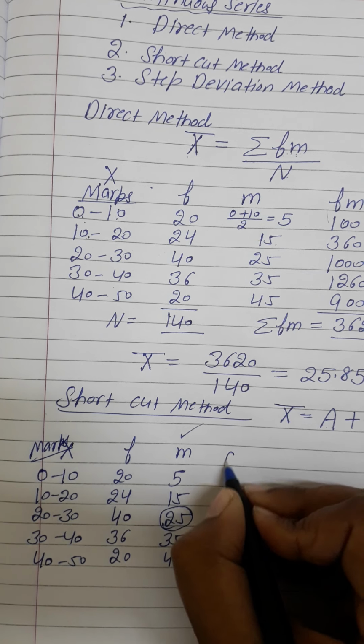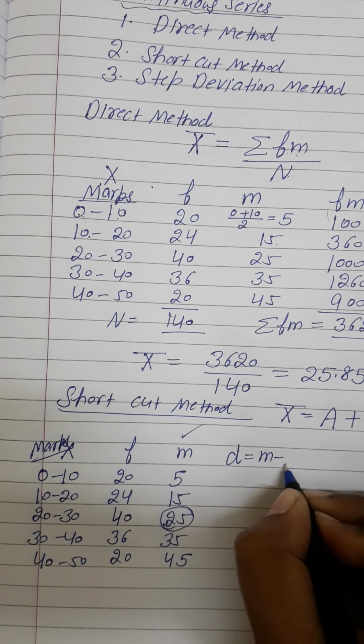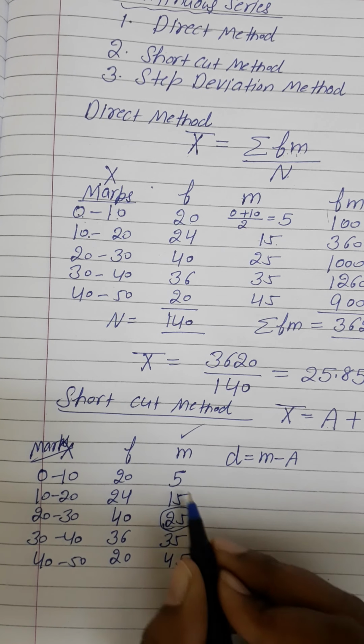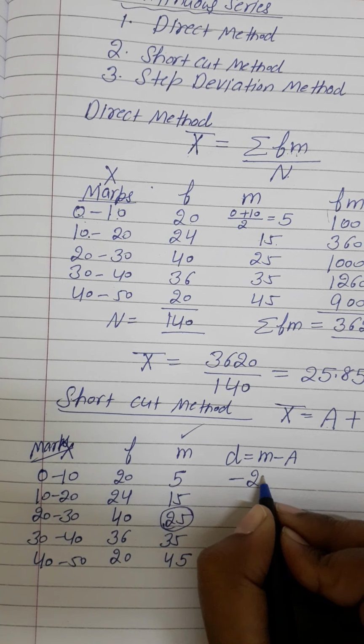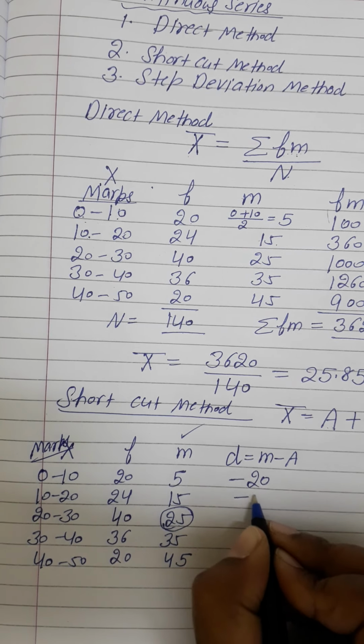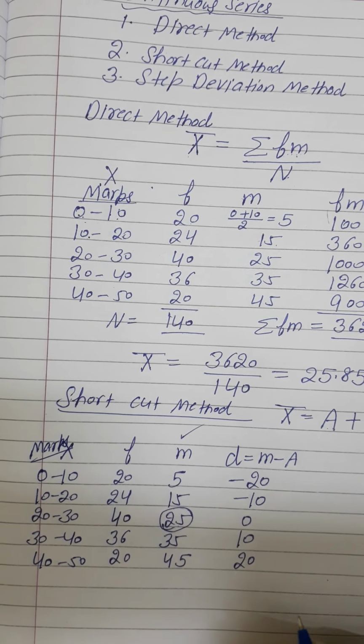Now D, how to calculate D? D will be M minus A. 5 minus 25 is minus 20, minus 10, 0, 10, 20.